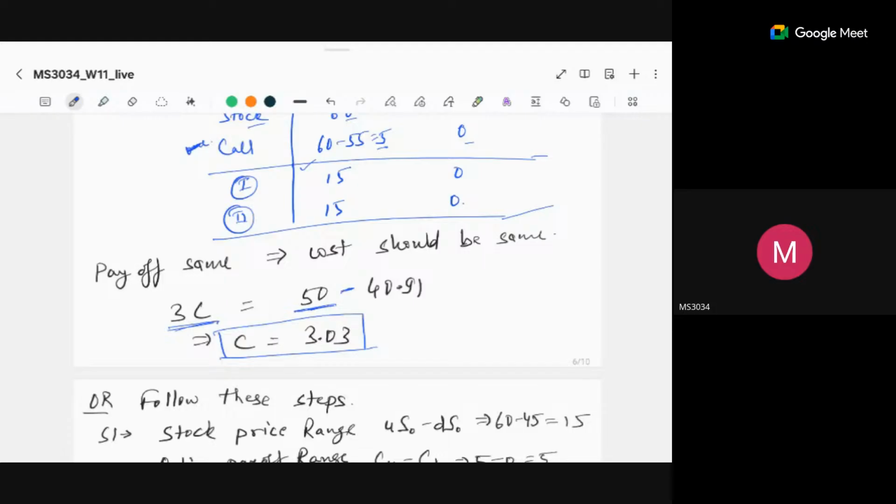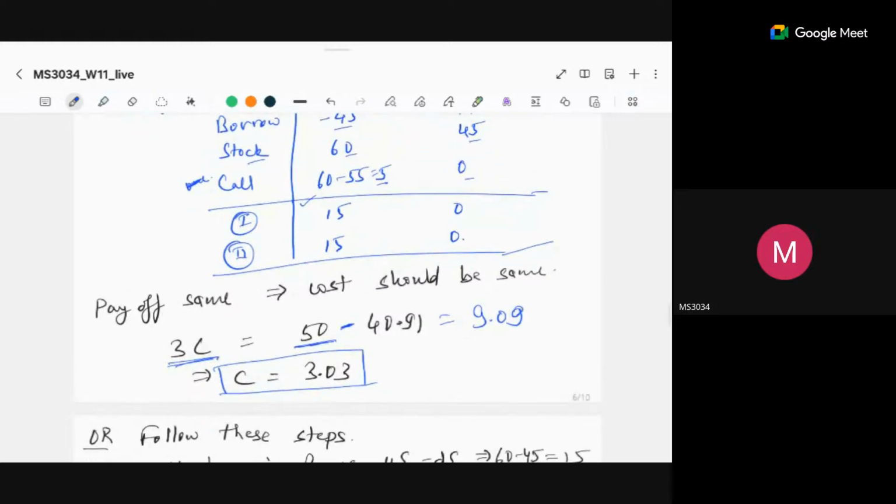You subtract this from your initial cost, so this is equal to 9.09. If you divide it by 3, you get your call option price to be 3.03 rupees. So this is one way to find your call option price in the binomial pricing model.